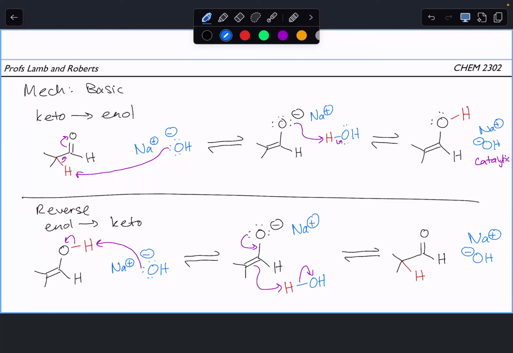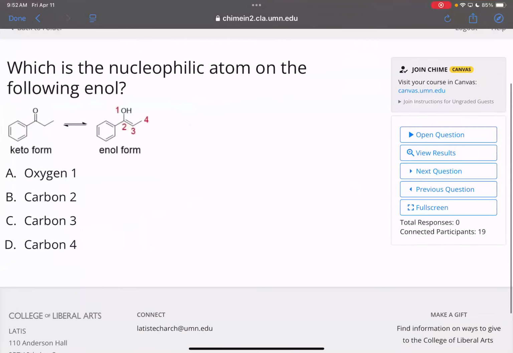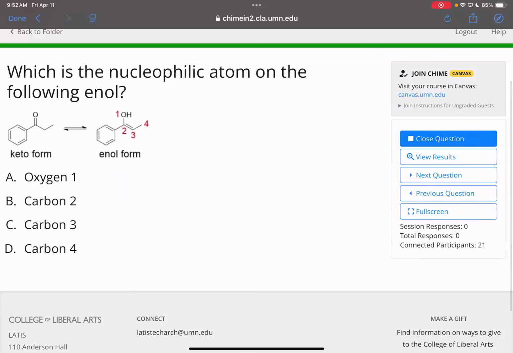Okay. In the last couple minutes, I want to do one last chime-in question to see if you are thinking about this enol form. It's kind of weird, right? Which is the nucleophilic atom in the enol form? Because this is really important for reactivity, right? So which is the nucleophilic atom? Is it the oxygen?